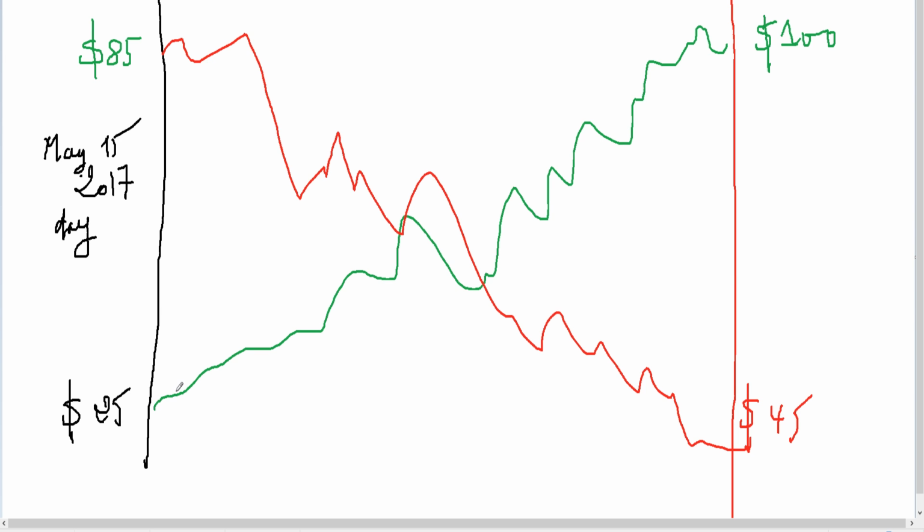So the trend is something that is continuous. It doesn't mean that you will see green candlesticks when you begin here, always a green candlestick going up.